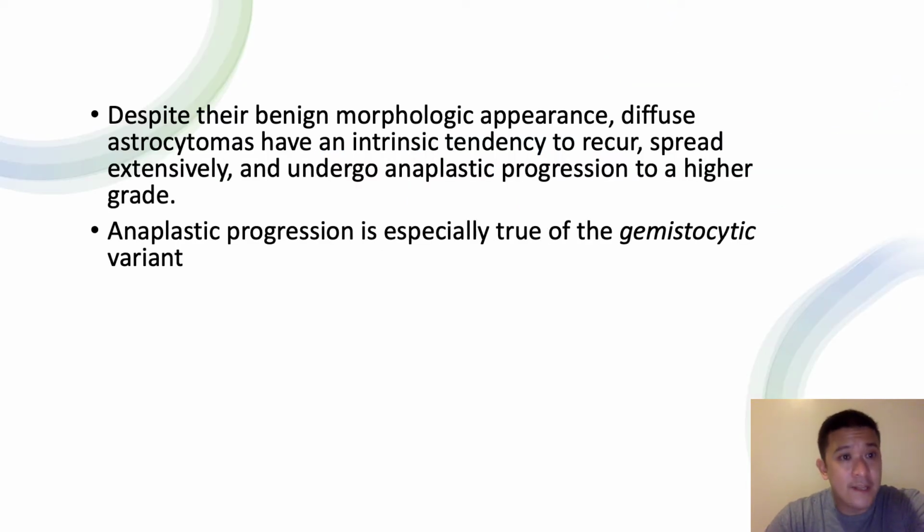Now, despite their benign morphologic appearance, diffuse astrocytomas have an intrinsic tendency to recur, spread extensively, and undergo anaplastic progression to a higher grade. Anaplastic progression is especially true of the gemistocytic variant.